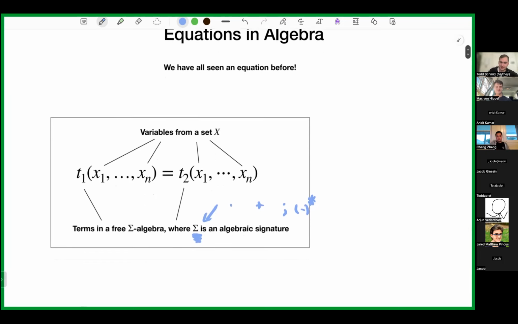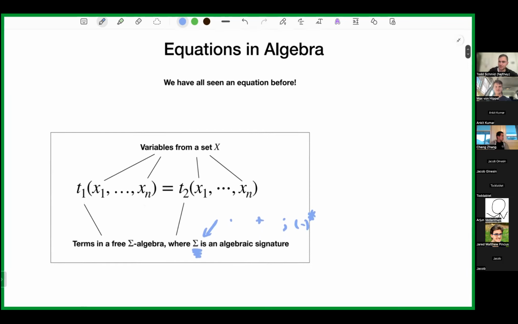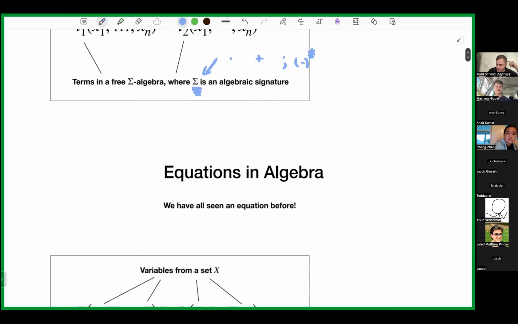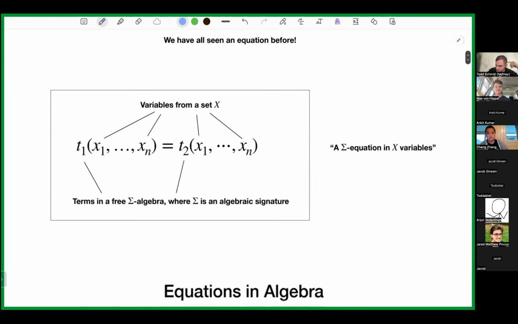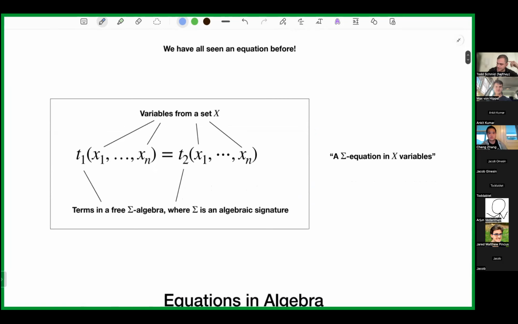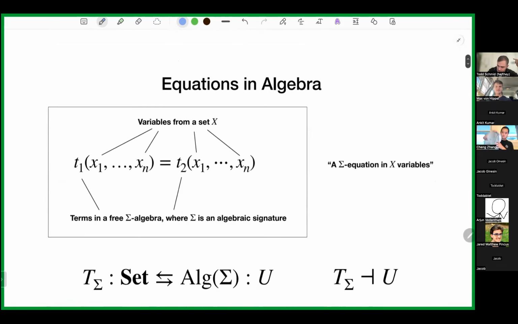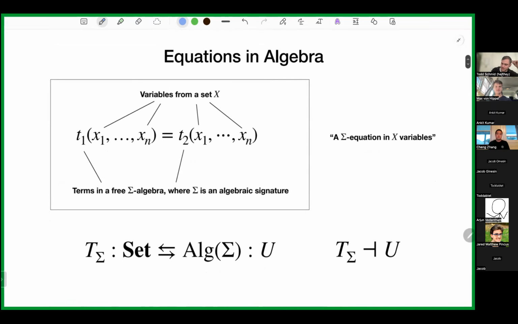But I need to tell you a little bit about terms and how we construct the terms categorically. So let's start there. The terms will come from a sigma signature and X variables. This is how I'm going to refer to this kind of equation. The terms give us an adjunction, and this is really how to talk about free algebras.